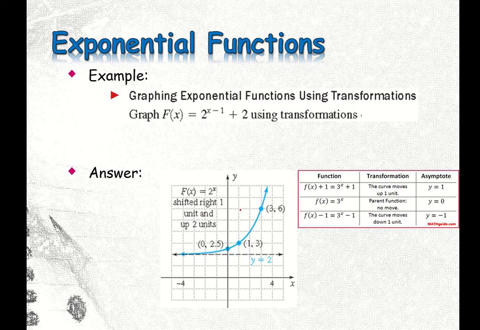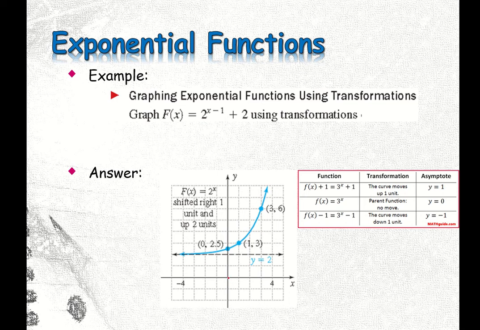Okay, so if you look at the graph from this given, from our reference x-axis, and this is our y-axis, we know that the graph is shifted up 2 units. So you draw your asymptote, that is y equal to 2.